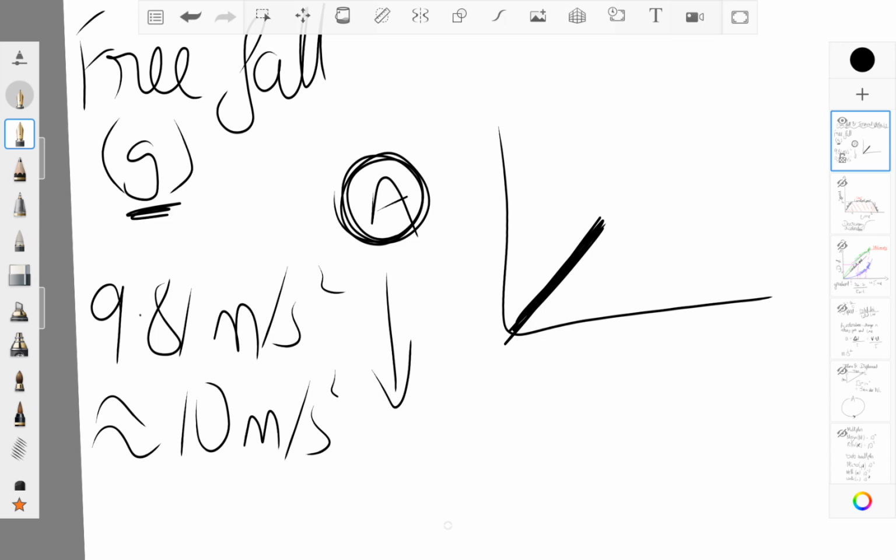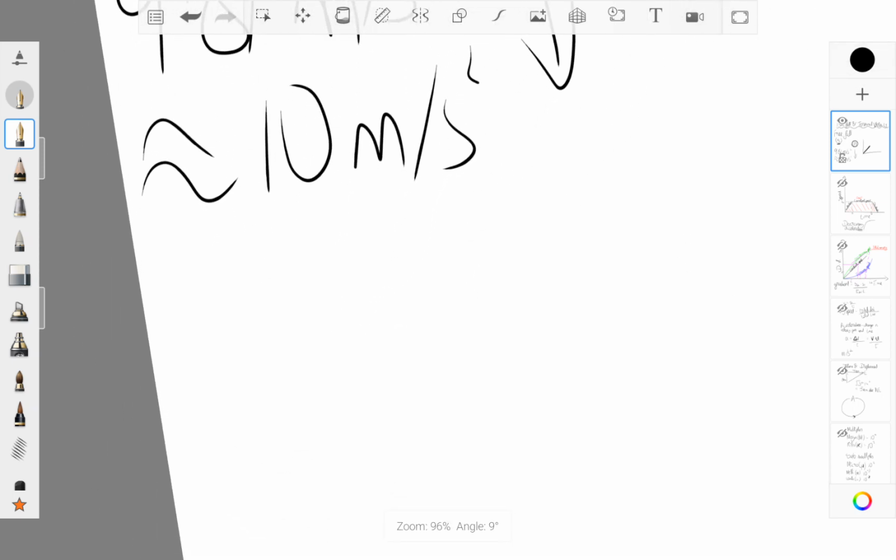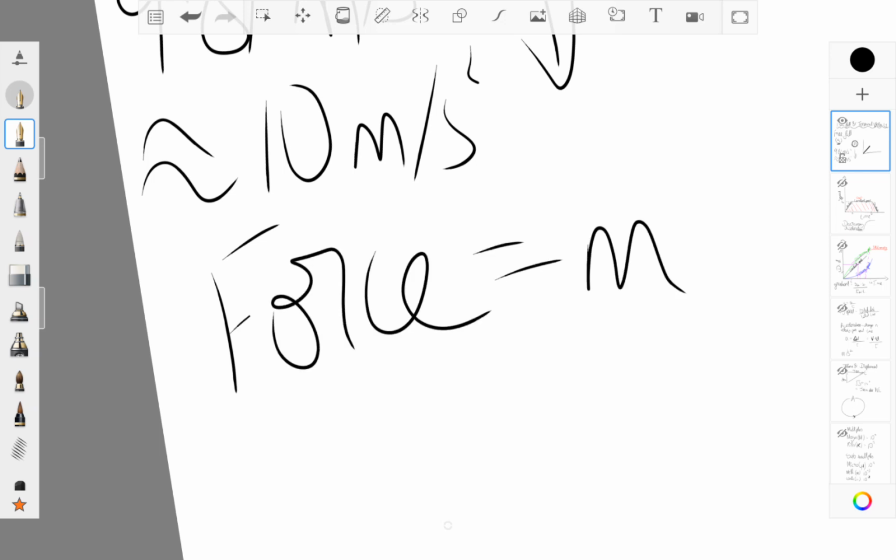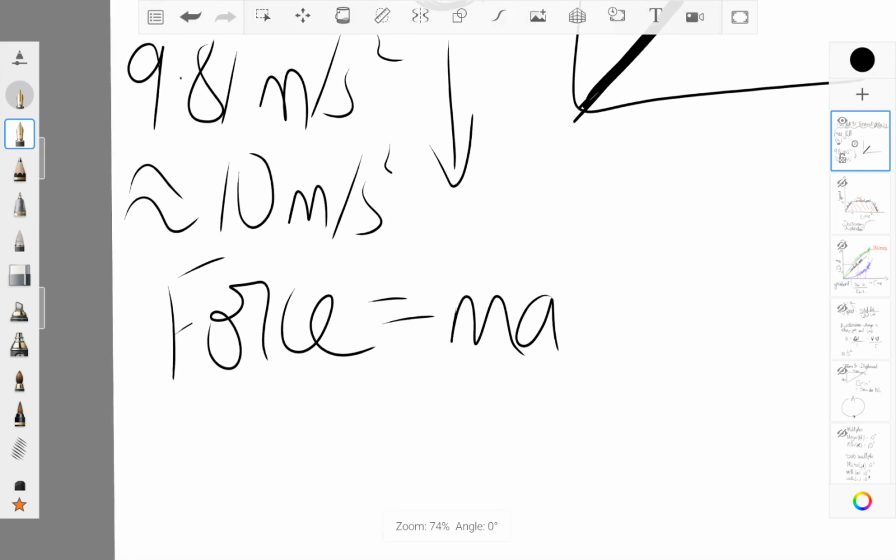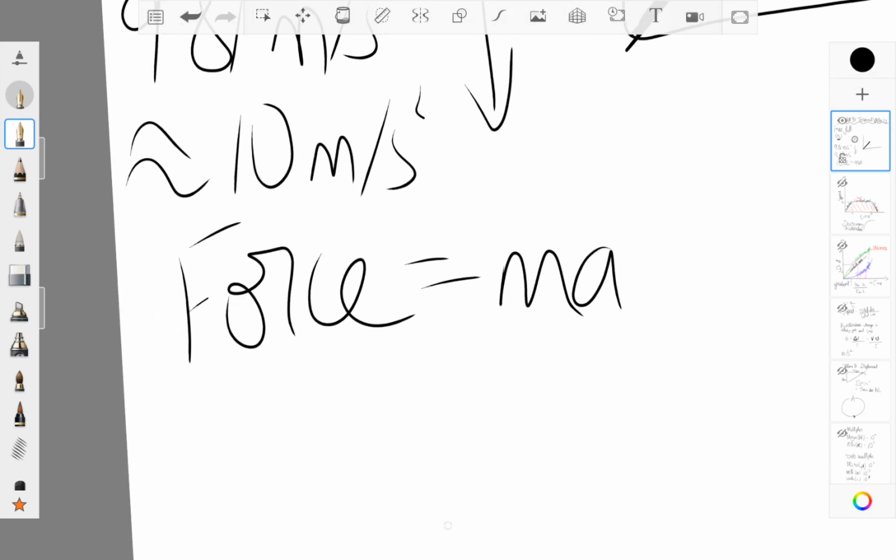So now we look at terminal velocity, which is quite different. Before I mention terminal velocity, I'll say force is equal to mass times acceleration of free fall. So let's say an object of 5 kilograms is moving. You can calculate the force using this formula, where a is the acceleration of free fall.